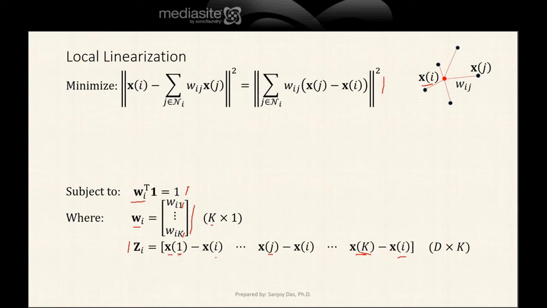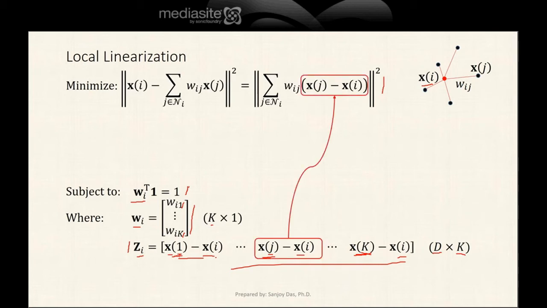Once again I repeat, this is not the sample indexed 1, this is not the sample indexed j, and this is not the sample indexed k. These are the k nearest neighbors of xi, which I have renumbered in another way. And so from each of these neighbors, I subtract xi. And so that gives me this matrix Zi, and since each of these sample points is d-dimensional and I have k nearest neighbors, this is a d by k matrix.